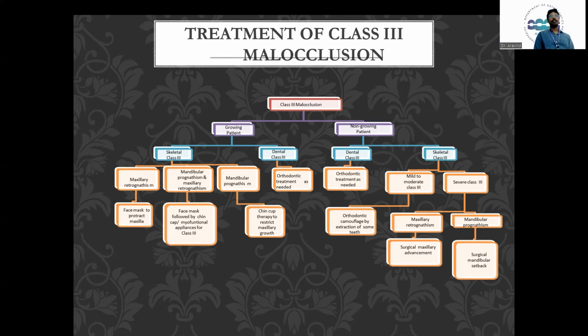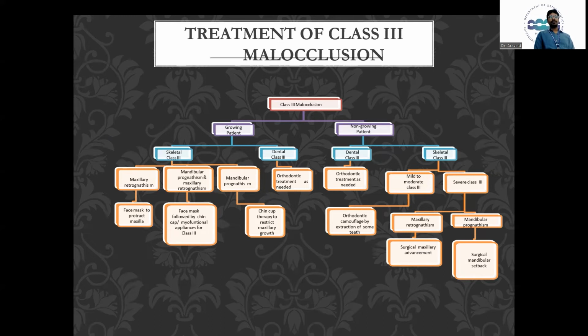When coming to dental class 3 malocclusion in a growing patient, we'll be putting them forward with orthodontic treatment as per needs. A non-growing patient with class 3 malocclusion is divided into dental class 3 and skeletal class 3. For a dental class 3 malocclusion in a non-growing patient, we'll provide orthodontic treatment as required.